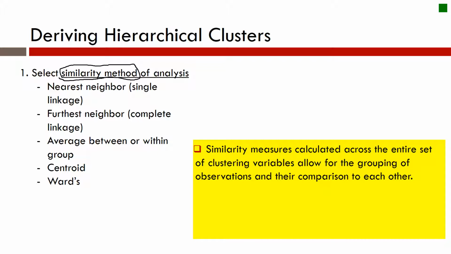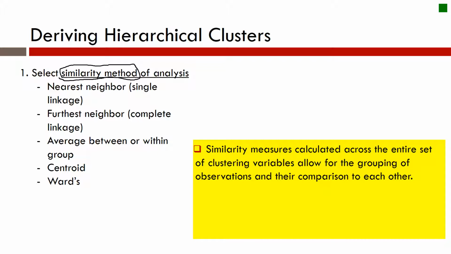Similarity measures calculate across entire sets of clustering variables and allow for the grouping of the observations and their comparison to each other. This is the method in which we tell which observations are closer or further apart from each other.